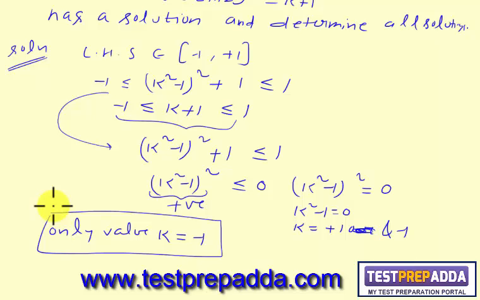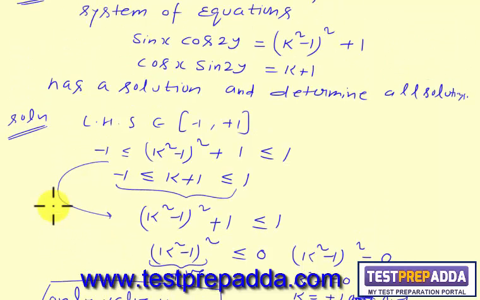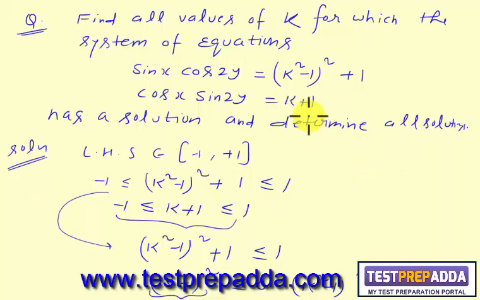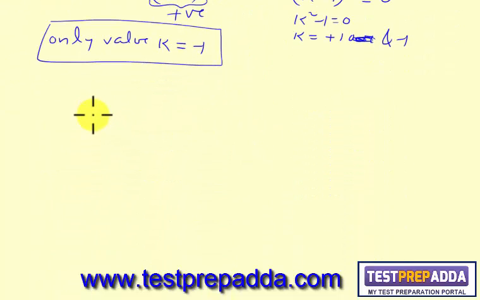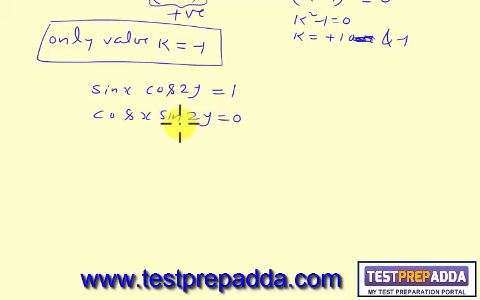Now if I substitute this k in these two equations, I get sin x cos 2y is equal to 1 and cos x sin 2y is equal to 0.